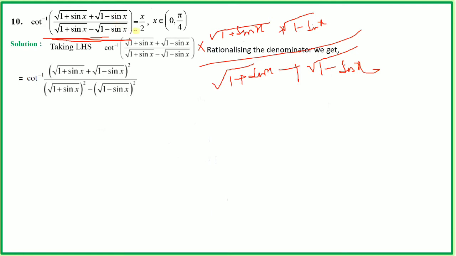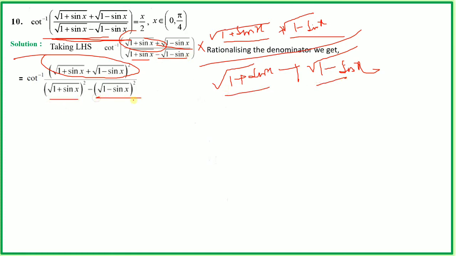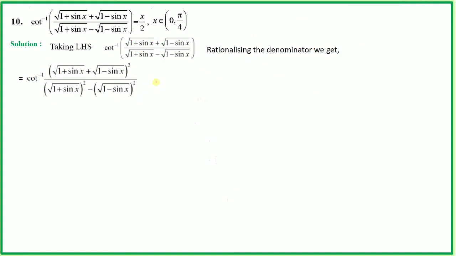Now look at here, this is a plus b, this is also a plus b, so a plus b whole square, and here a minus b into a plus b is a square minus b square. Got it? The square and square root cancel, and we would have in the numerator a plus b whole square.